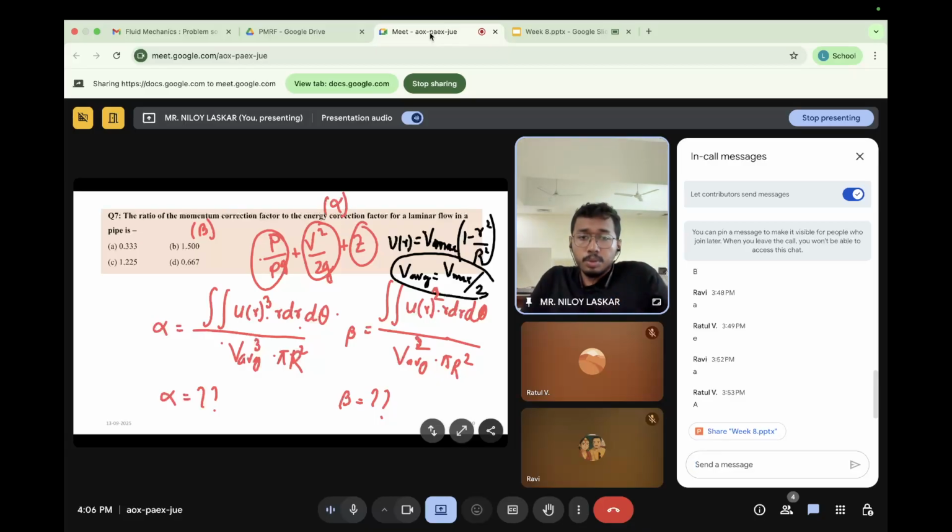I am giving you 2 minutes to solve this integration. Similar types of questions you can expect.